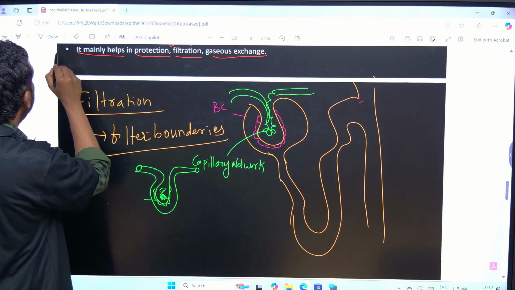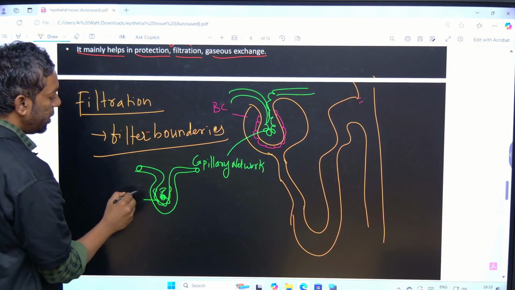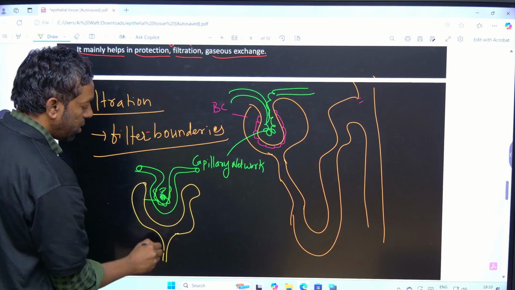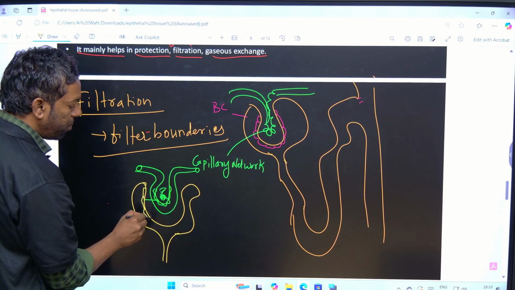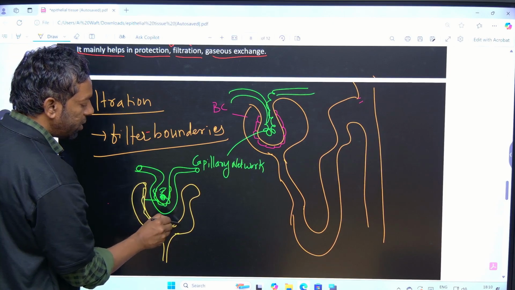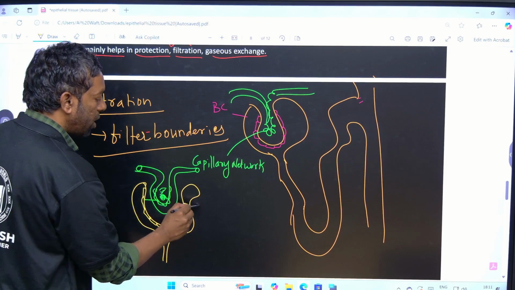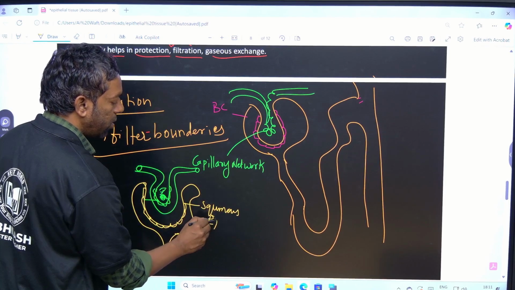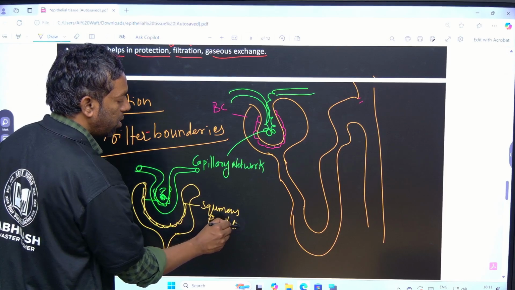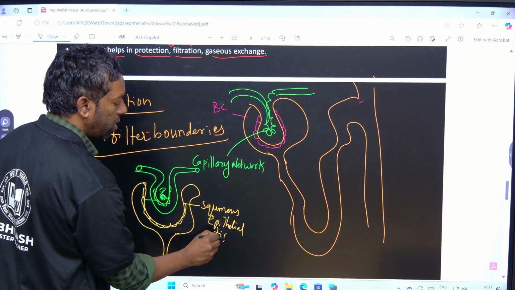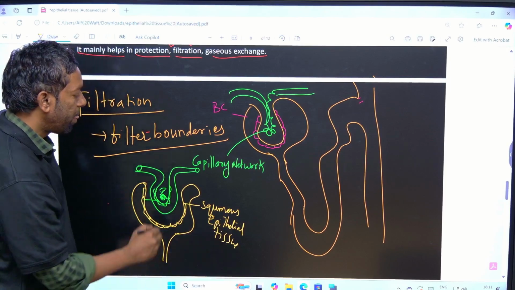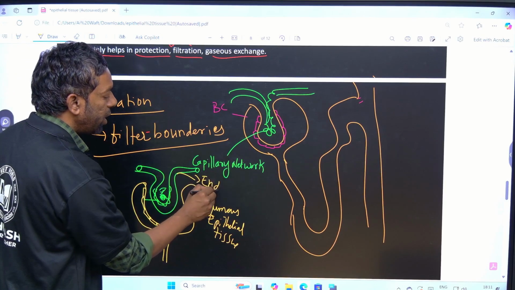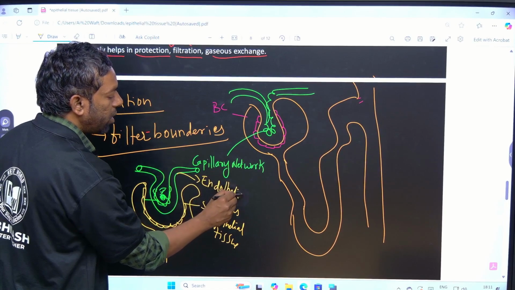This is the Bowman's capsule, which has squamous epithelial tissue, and this is the capillary with endothelial cells.